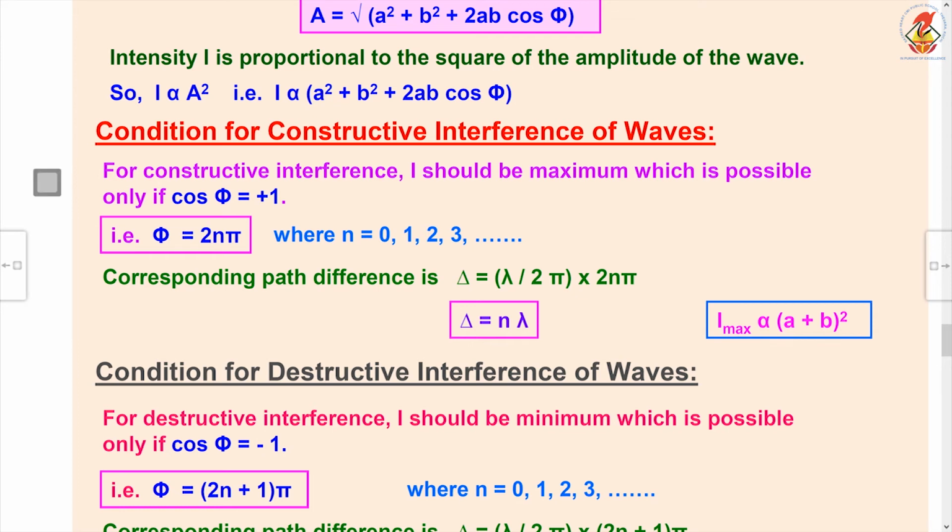The equation for path difference is lambda by 2 pi into phase difference. So lambda by 2 pi into 2n pi, therefore 2 pi and 2 pi cancel, n lambda. So the condition for constructive interference is phase difference 2n pi and path difference n lambda.